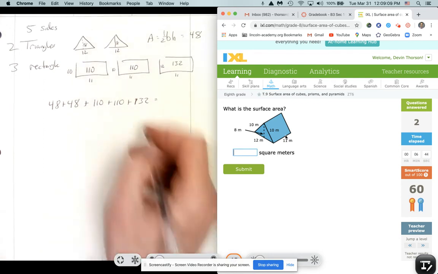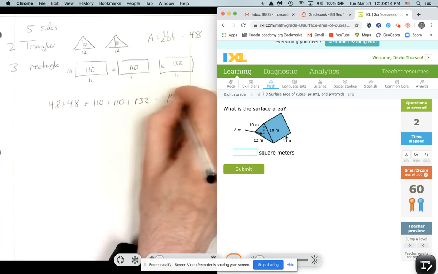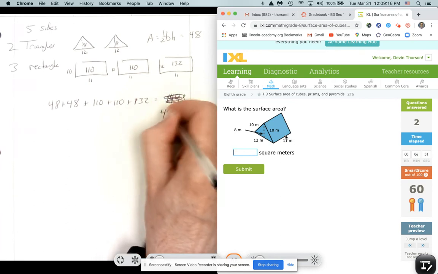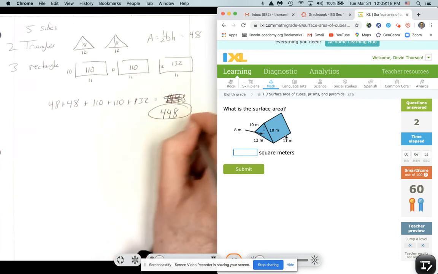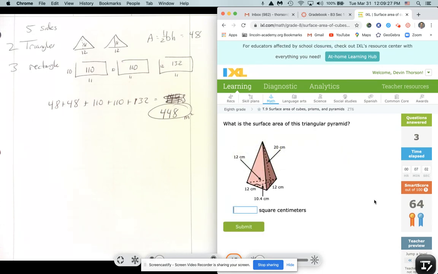I'm just using a calculator off to the side. It's 440. Wow, sorry, not that. It's 448, and that is in meters squared. So I come over here, type in my 448, and hit submit, and we've done very, very well.